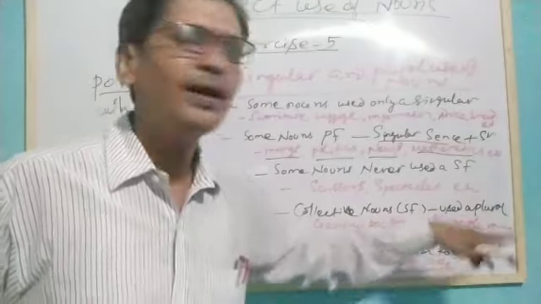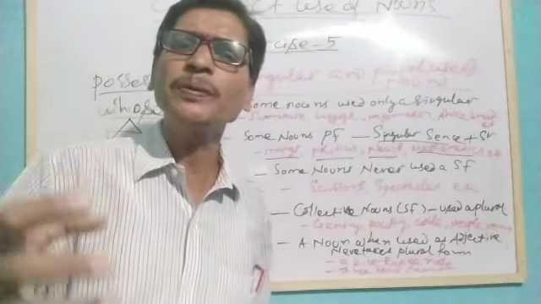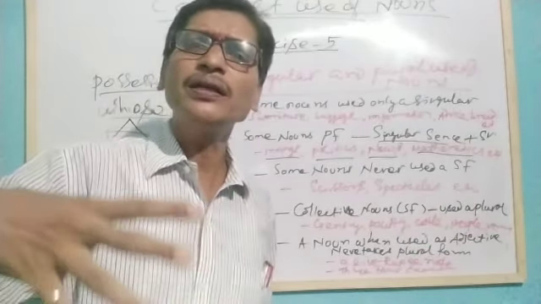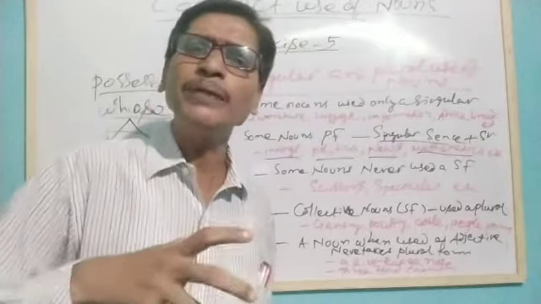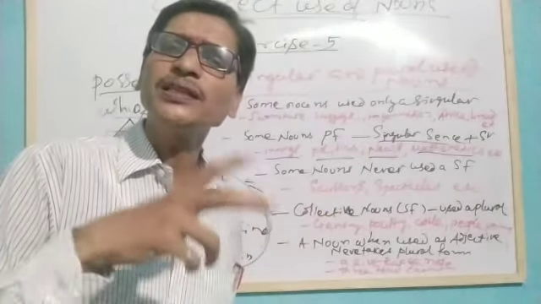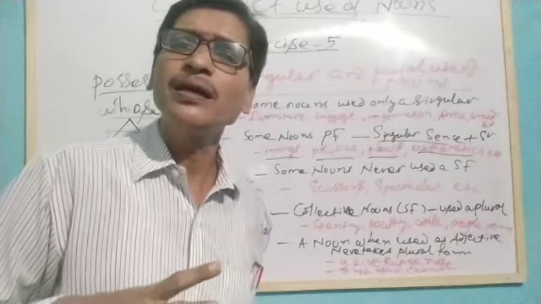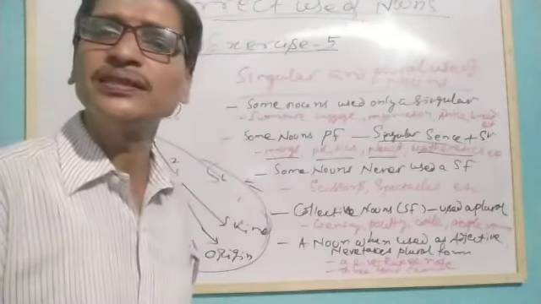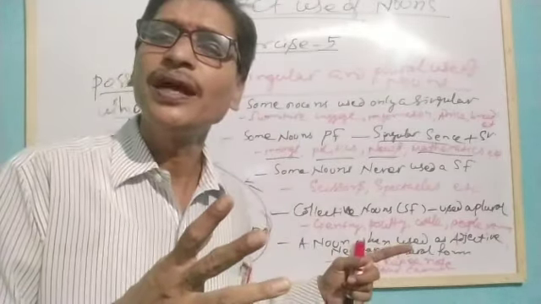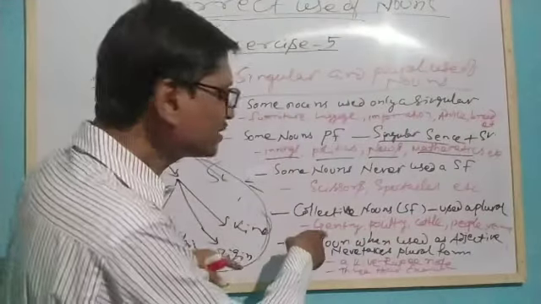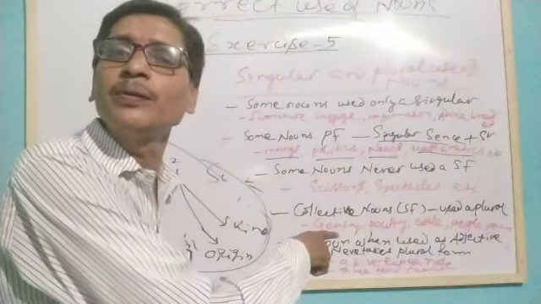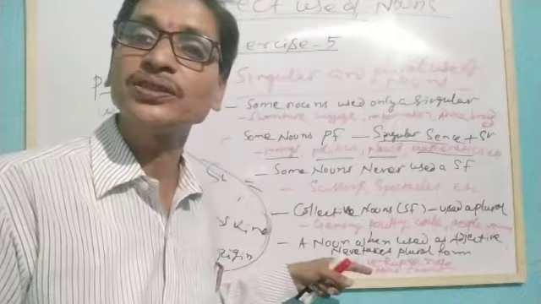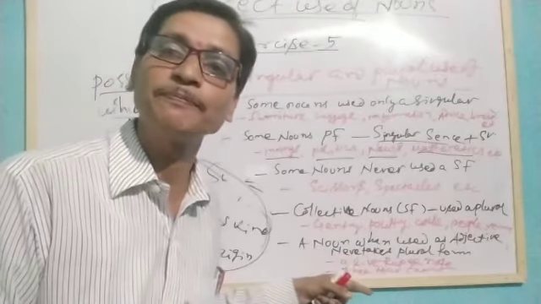Vermin means swarms of different animals and insects which harm our poultry, our farms as well as our agricultural products. They can never be used as singular; though they seem singular in form, they are plural in sense, so we use plural verbs with them.